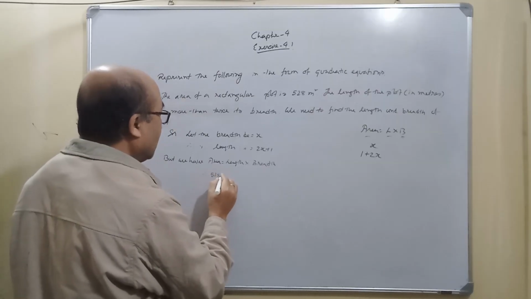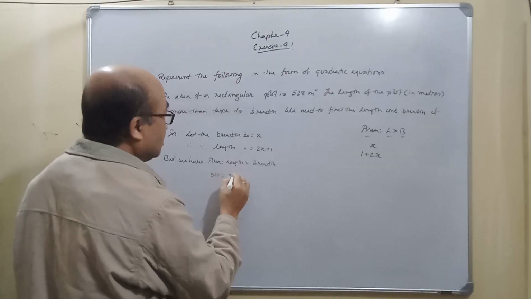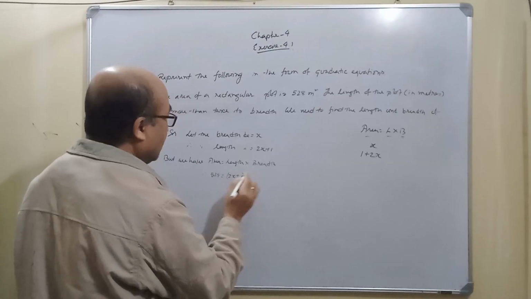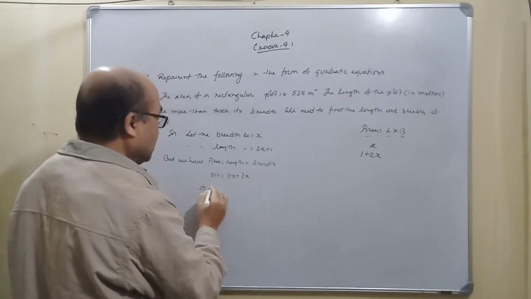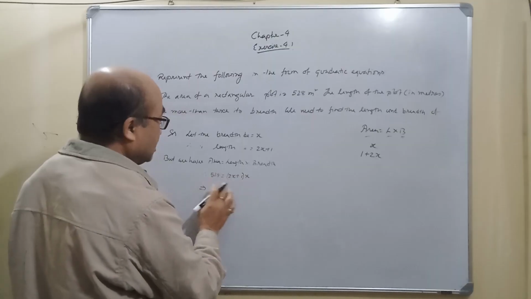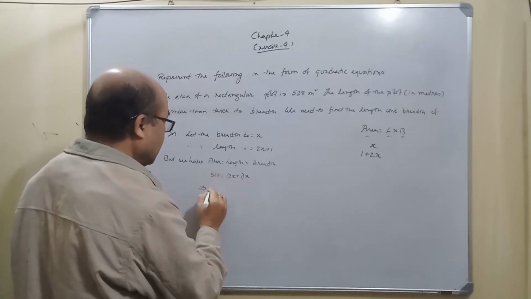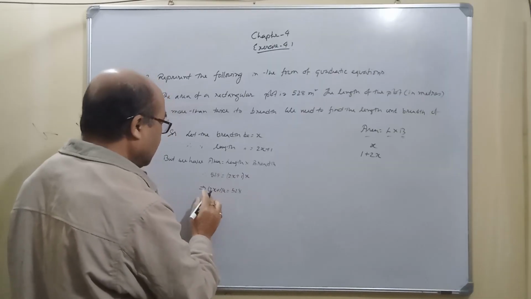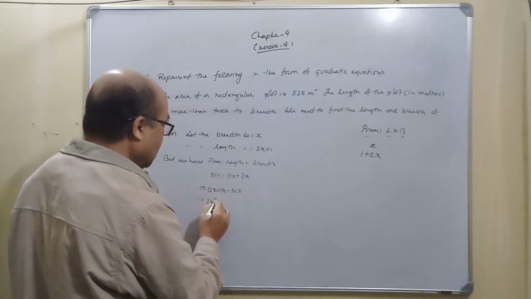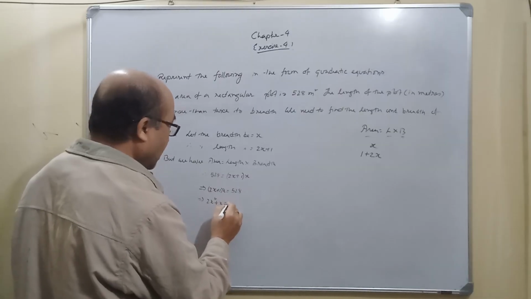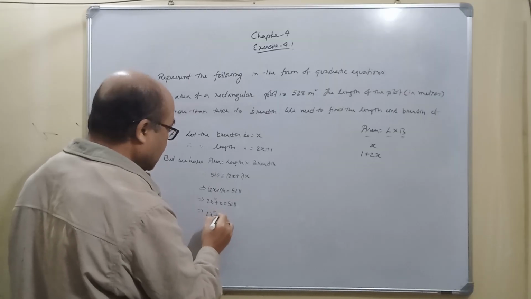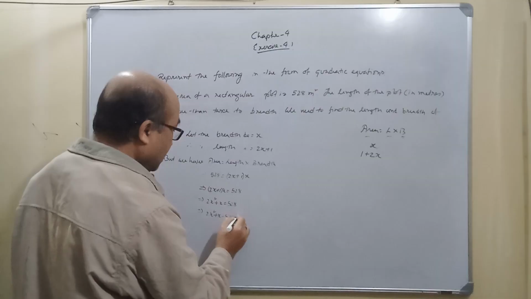Hence 528 is equal to (2x plus 1) into x. Let us shift it to the left-hand side. So multiplying, we get 2x square plus x is equal to 528, or 2x square plus x minus 528 equal to 0.